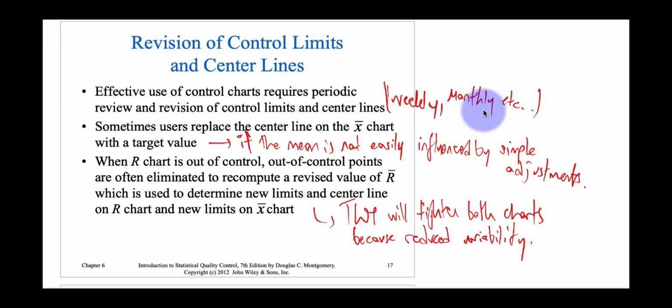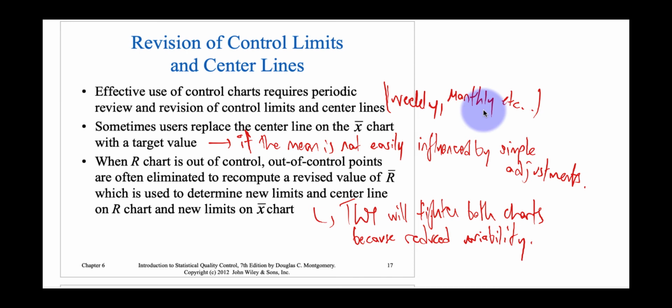We can use this target value as a central line in the x-bar control chart, but only if the mean is not easily influenced by adjustments in the process. If that is the case, we can use the target value, but otherwise we are advised not to use it.